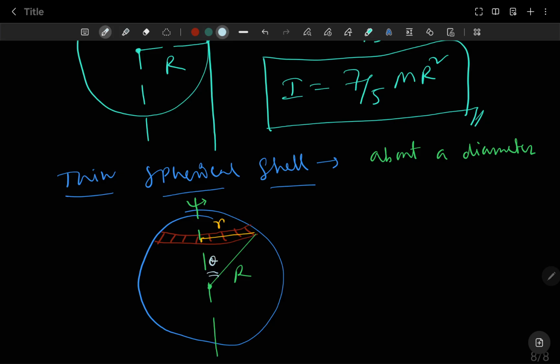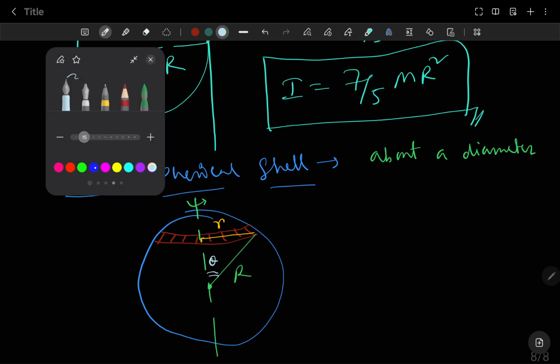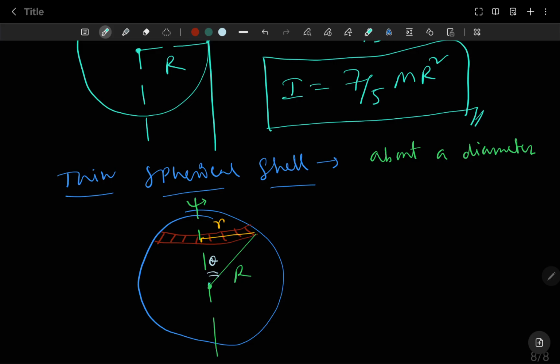Now if you consider this much, this is d theta, right? Now this length is r d theta, the arc length.